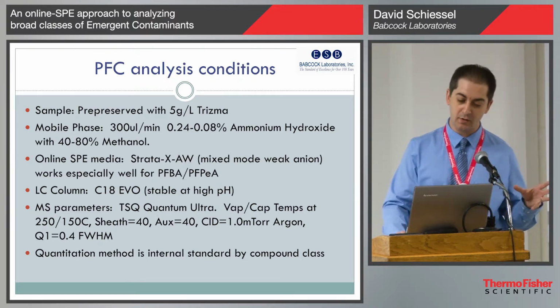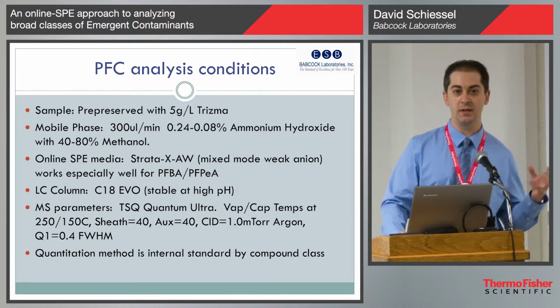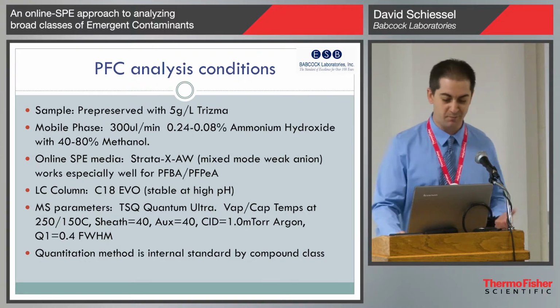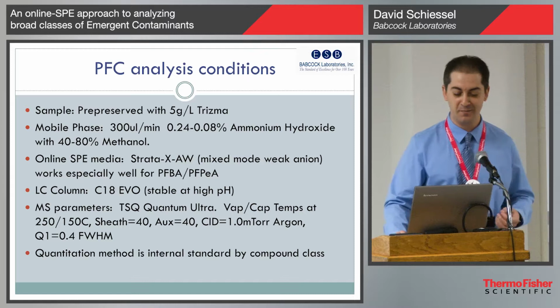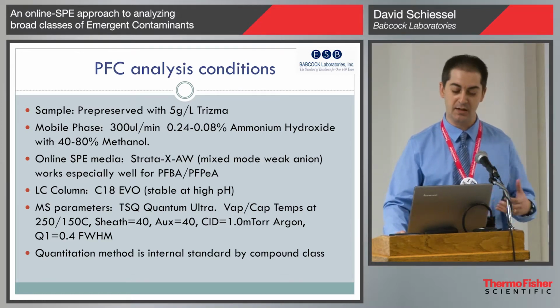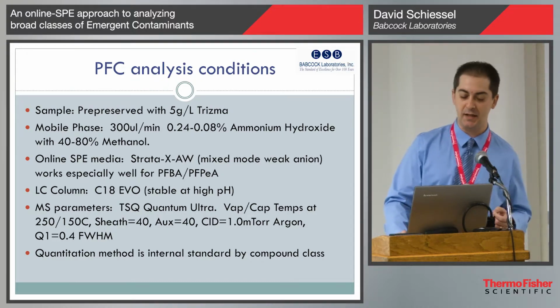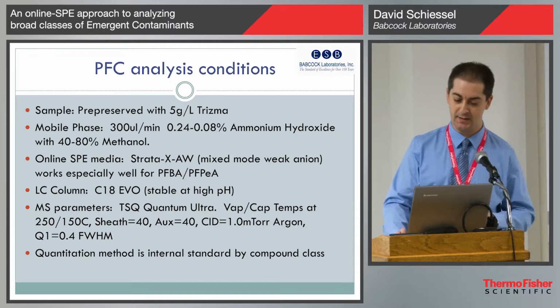One thing that's critical for this, because we're using weak anion exchange, is that we have to use a high base to elute the analytes off of the SPE sorbent. But as most of you know, not many columns really like to work with high base. So the LC column that we use is a Phenomenex C18 Evo column that's stable at high pH.